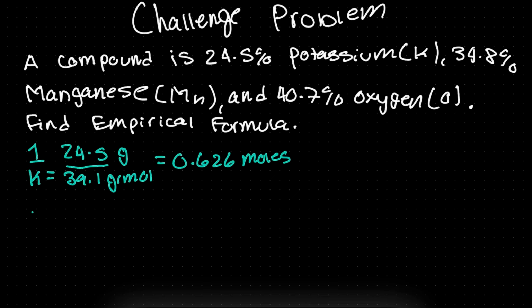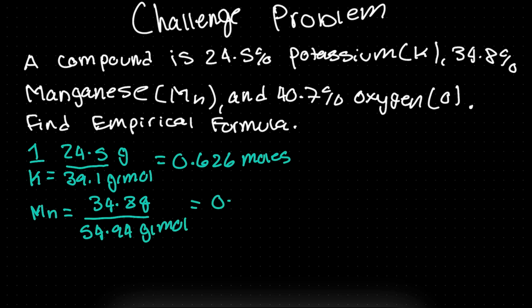So next we're going to do manganese, Mn. We have 34.8 grams of manganese, and we divide it by its molar mass, which is 54.94 grams per mole, which is equal to 0.633 moles.